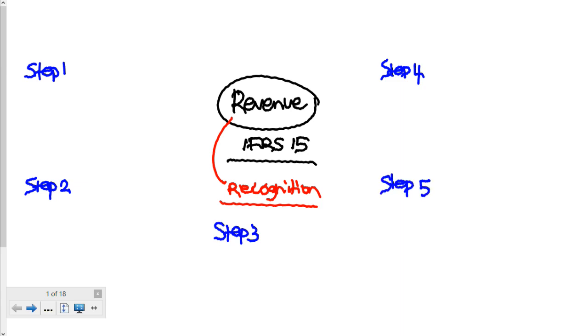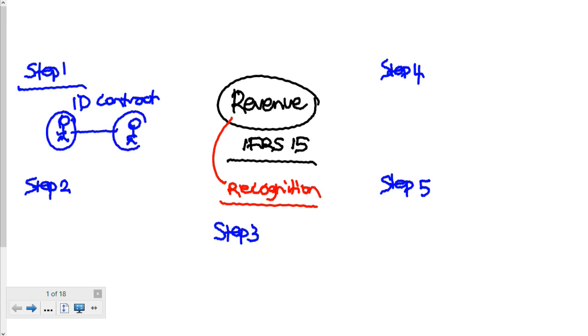The first step of revenue recognition is to identify the contract. In order to identify the contract, obviously we need to have a buyer and a seller. We need to have the parties to the contract. We need to be able to identify each party's rights and obligations in terms of this contract.